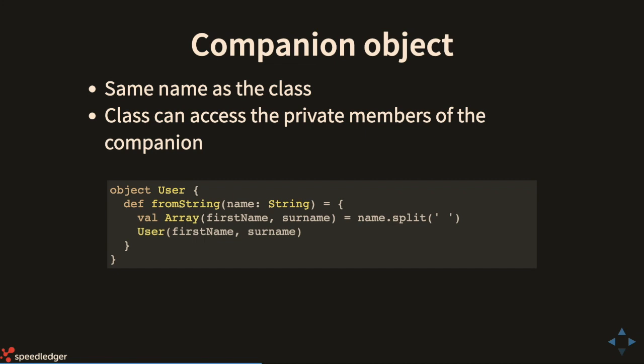And the apply method always returns the case class that has the same name. So in this case, it's the user. So if we want to use this, we just use User.fromString, and then we get a new user back. If we would have named it apply, we could have just typed User and then sent in the one string, and we would have gotten a user back. So it's just a type of overload.